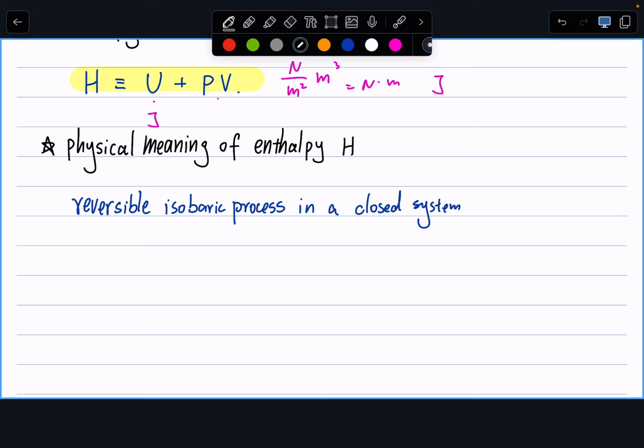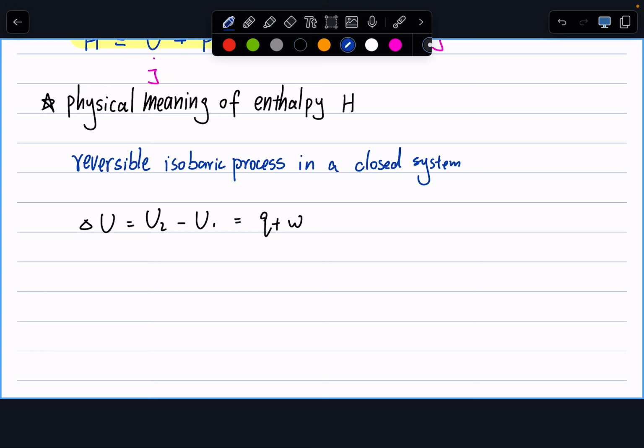In this case, delta U equals U2, our final state, minus U1, the initial, equals Q plus W. That's our first law of thermodynamics, and I should say at rest and no field. There are things we can further write out.